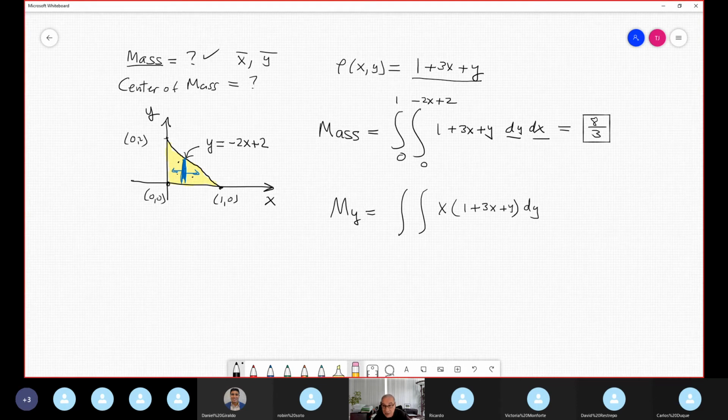I want integration in the same direction. Therefore, the limit is the same. And the answer of this is 1.